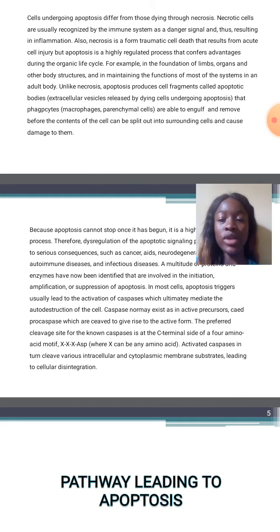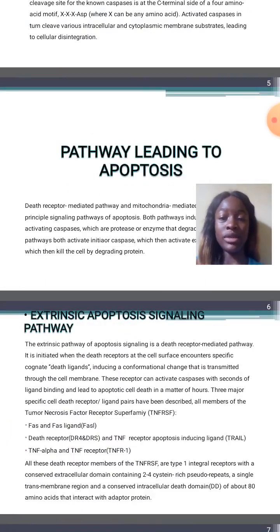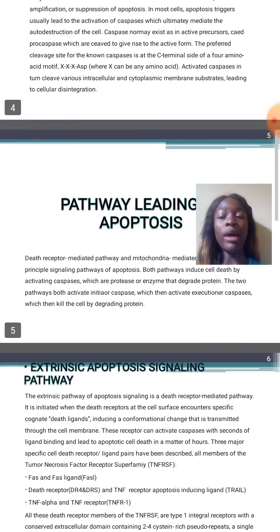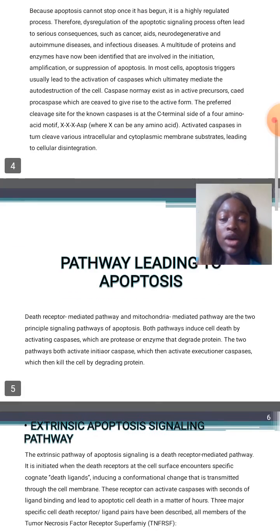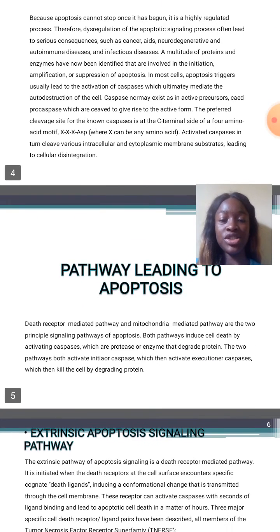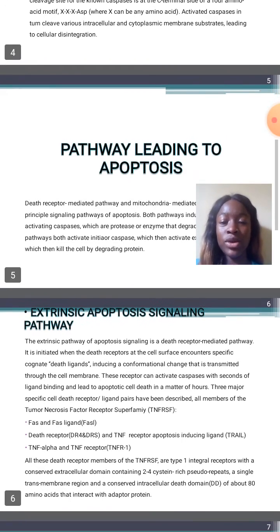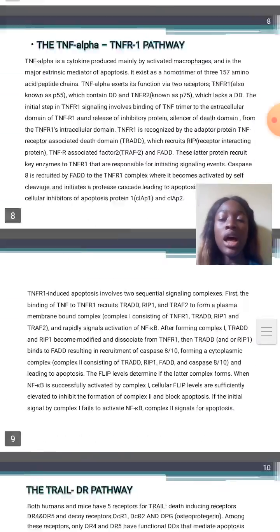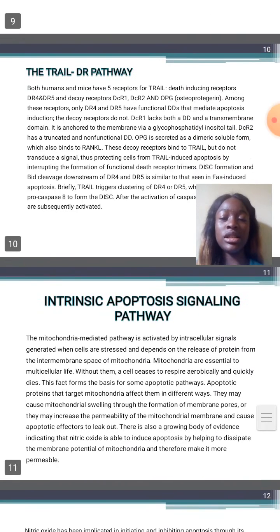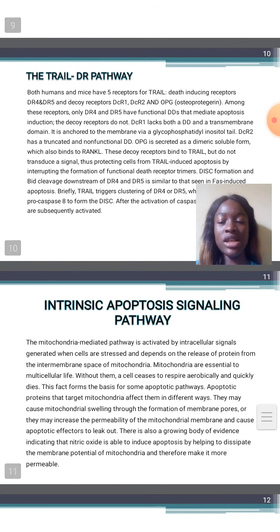Now let's go over to what the pathways are. The pathways leading to apoptosis are of two principal types: the extrinsic and the intrinsic. The intrinsic is mitochondria mediated, and it is seen when a cell goes through cell stress or when the mitochondria releases a protein.